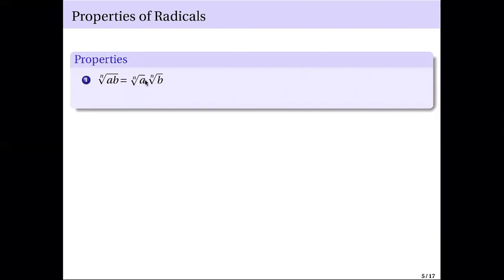So in a sense, if n is even, then both A and B here must be greater than or equal to 0. If n is odd, then A and B can be anything. They can be both positive, they can be both negative, or they can have different signs. So assuming that the terms on the right-hand side are all defined.